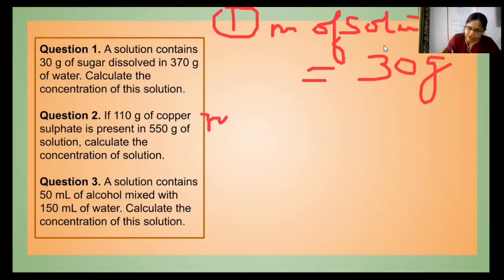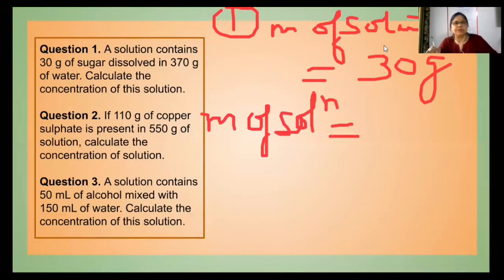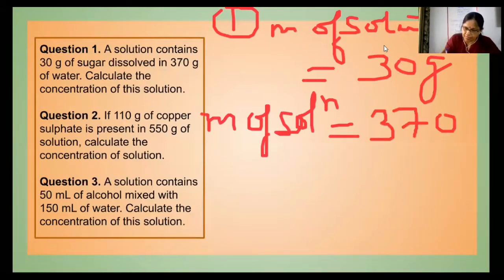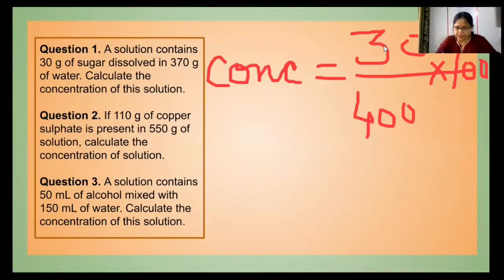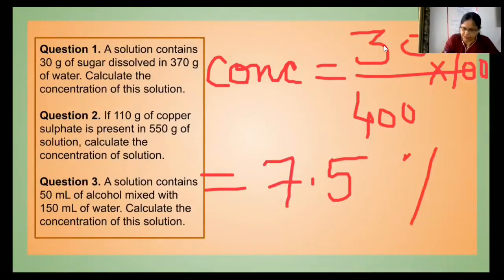That means the mass of solution will be the mass of water plus 30, so it will be 400 gram. Concentration equals 30 divided by 400 multiplied by 100, and when you calculate it, it comes to 7.5%. So this is how you have to do question 1.